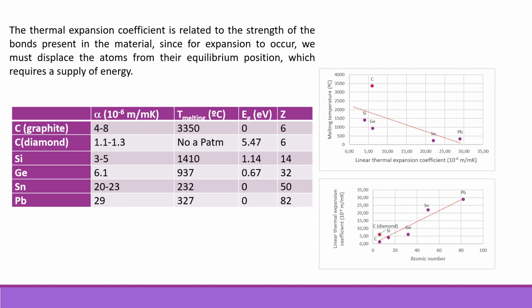Graphite is considered not to have a band gap, and of course tin and lead also not, since they are metals. And you see here the tendency as the atomic number Z increases. And here again, because we had begun with this example, the big difference between the two allotropic forms of carbon, graphite and diamond, and the only reason is the different kind of bond. Okay?